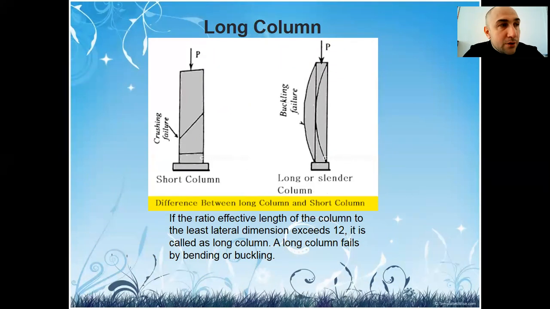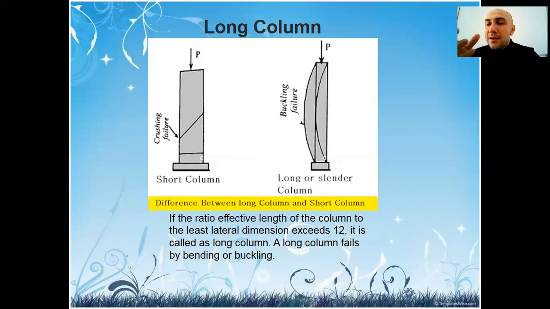The main features of the long column were discussed in the previous slides. I told you about the definitions, the advantages, the time of its application, and the reasons for its application. I will just repeat that a slender column will fail under longitudinal load by bending rather than crashing.